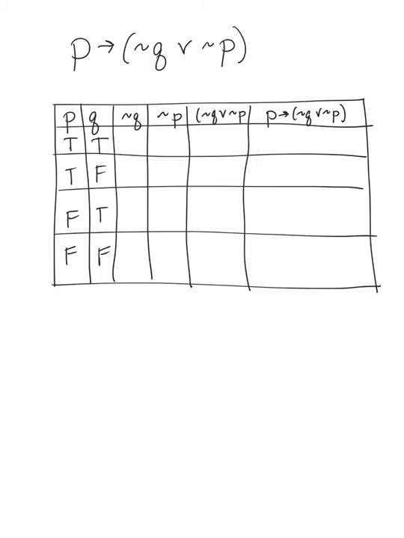Okay, so to get from Q to not Q, we negate everything in the Q column. Then I'm going to negate my P, so that becomes false, false, true, true. Then this column tells me that's an or, a disjunction, so false, false is false. Everything else is true.